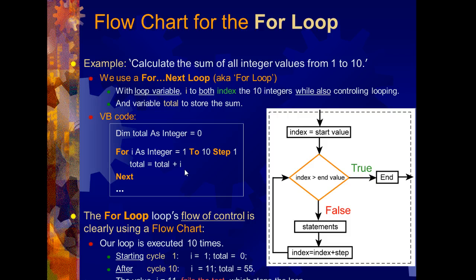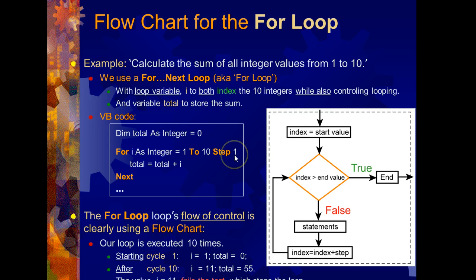What this means is you start with I equals 1, you do something here, and then you increment I by 1, 10 times actually. First I is 1, then 2, then 3, all the way up to I equals 10. It says step 1.